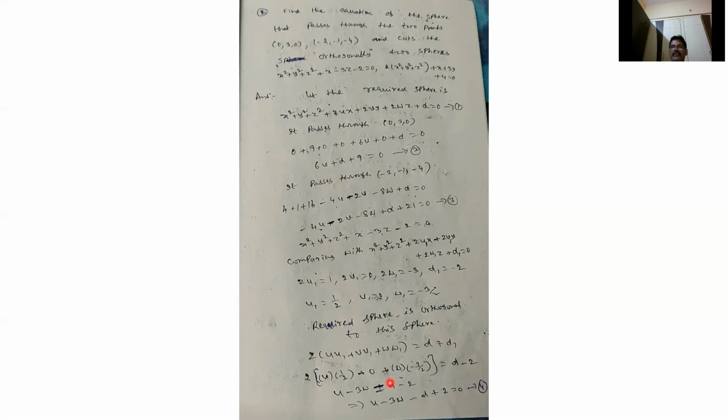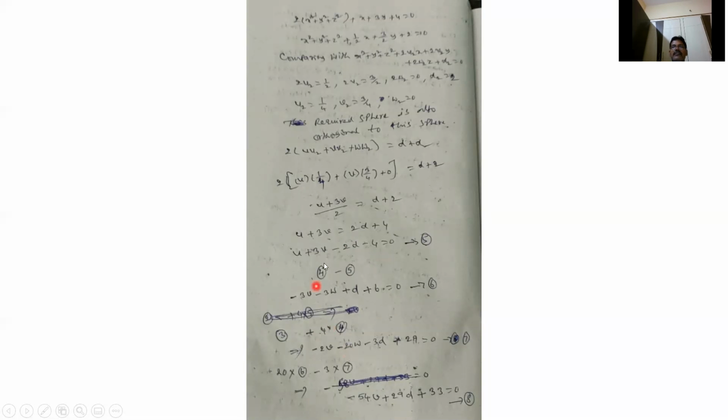Equation 4 is u minus 3v minus w plus d equal to 0. Equation 5 is u plus 3v minus 2d minus 4 equal to 0. So 4 minus 5: u minus u is 0, so u is eliminated.